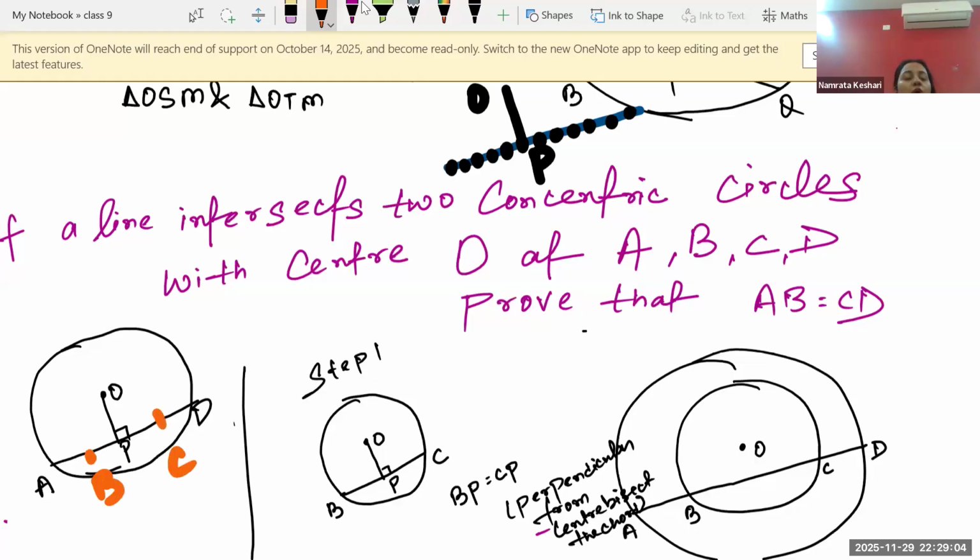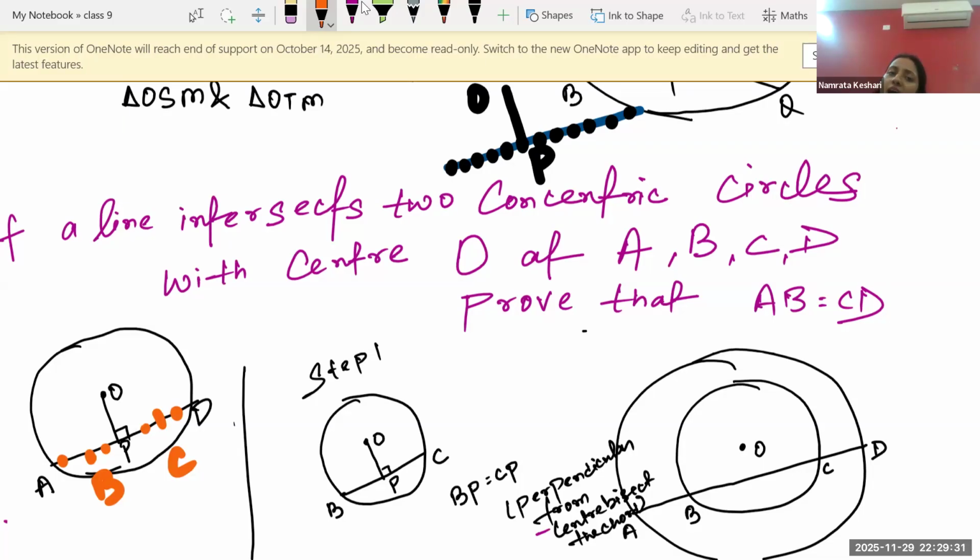OP was perpendicular for the smaller circle, and OP is perpendicular for the bigger one as well. If a point is sitting beside P, B, C, or many other points, it is not going to affect our perpendicular line. Yes or no?